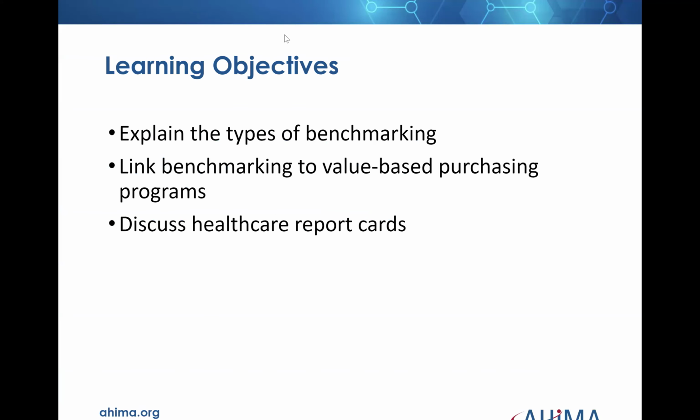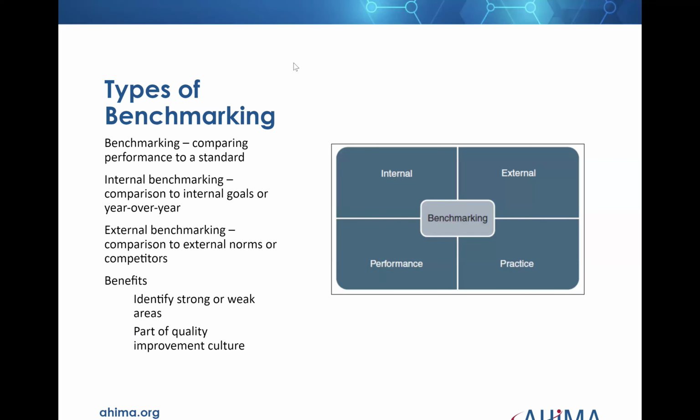We're going to be talking about benchmarking. We're going to talk about the link between benchmarking and value-based purchasing programs, and then we'll be talking about healthcare report cards. Benchmarking is basically comparing the performance to a standard of two similar organizations.